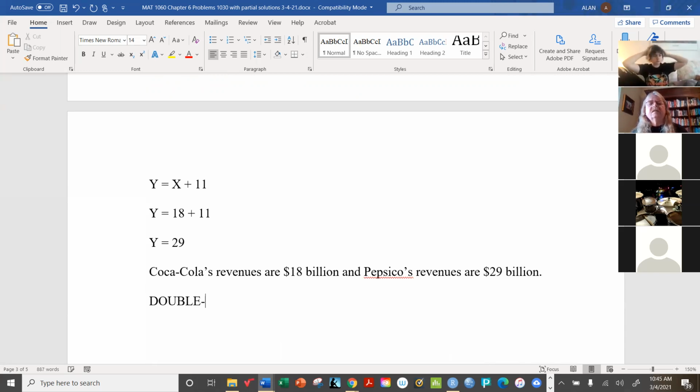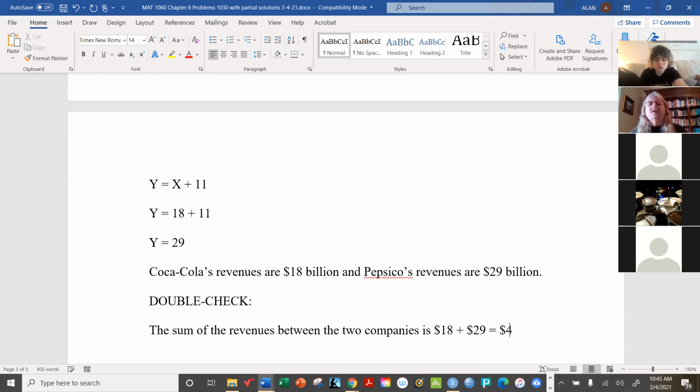Now, as a double check, the sum of the revenues between the two companies is 18 plus 29, 47 billion.